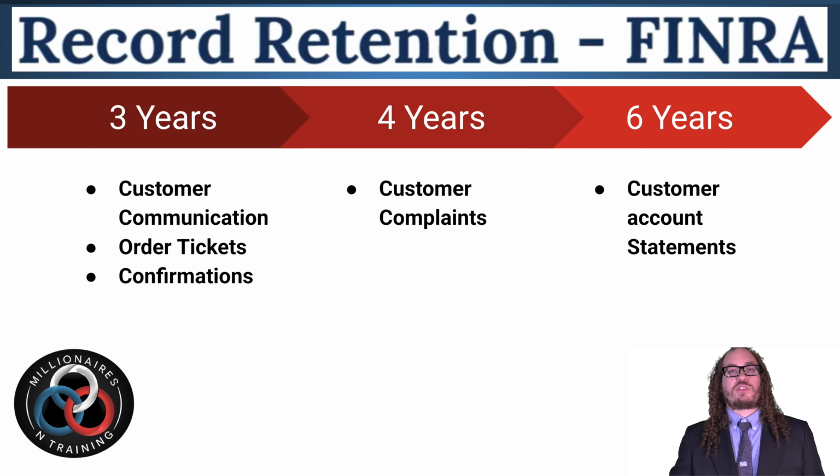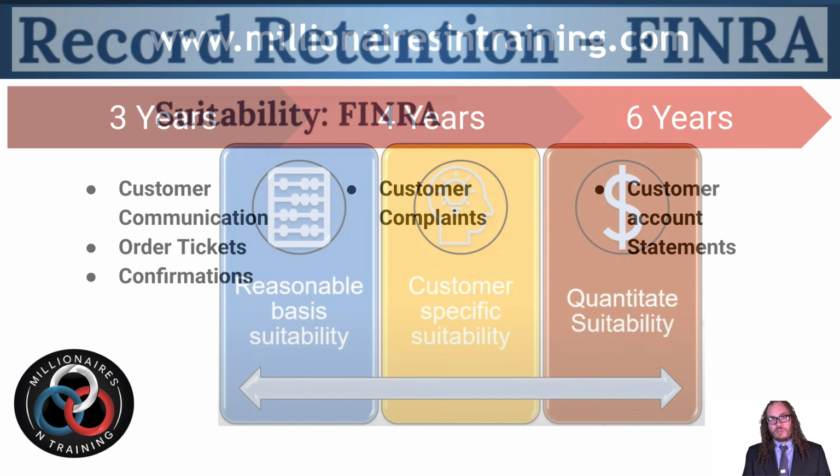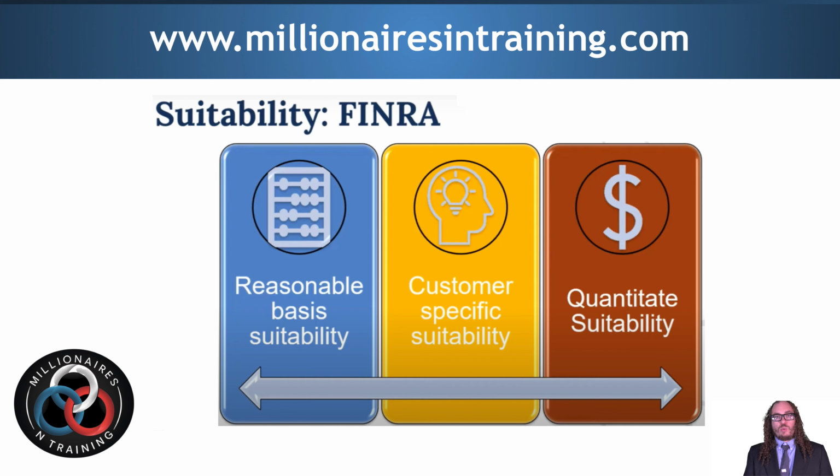FINRA set forth their own suitability measures. So FINRA has 3 different bases for making a suitable recommendation to clients. The first one is reasonable basis suitability, where we make sure that this product or this fund is a reasonable investment choice for this type of investor. And we have customers that really utilize this on a regular basis. So for example, for all growth investors, I like looking at the ABC and the XYZ growth fund.